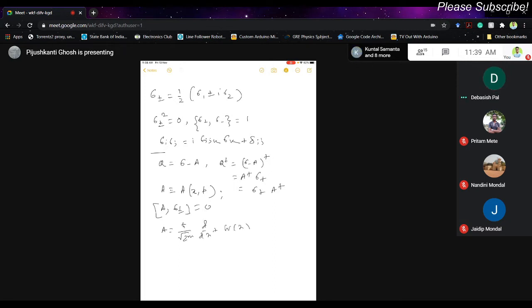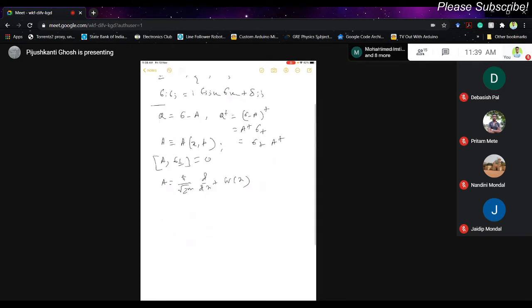And A dagger is equal to minus d/dx plus omega x. I chose a notation with units where h bar is equal to 1 and 2m is equal to 1.